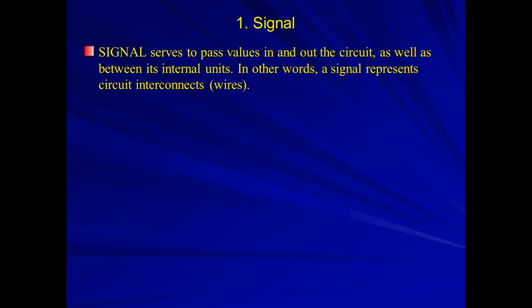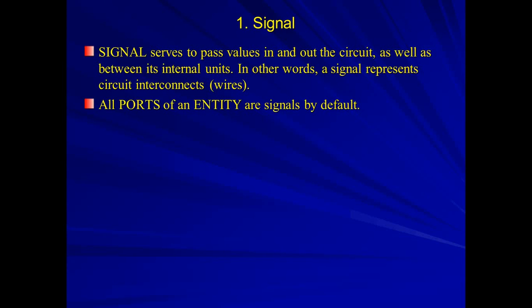In other words, we can say a signal represents circuit interconnects, means wires. Hence signals play a very important role in describing electronic circuit operation because they pass values in through an input port to the circuit or from an output port of the circuit to the external world. Or we can declare internal connections between two different components by using signals. Hence, it represents circuit interconnects or wires.